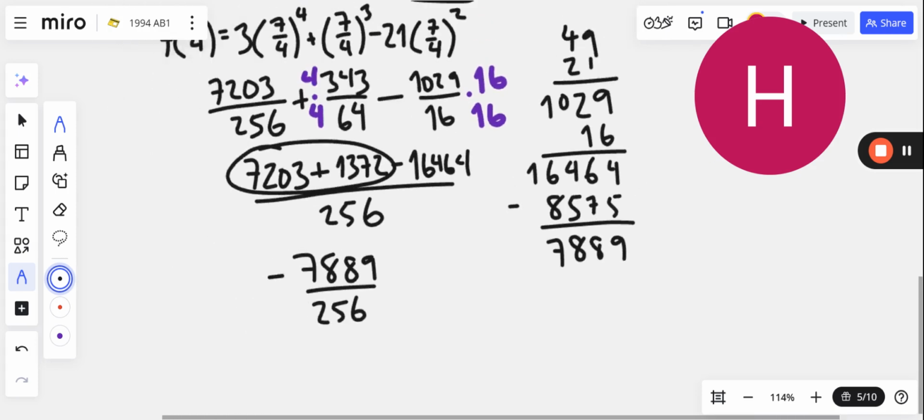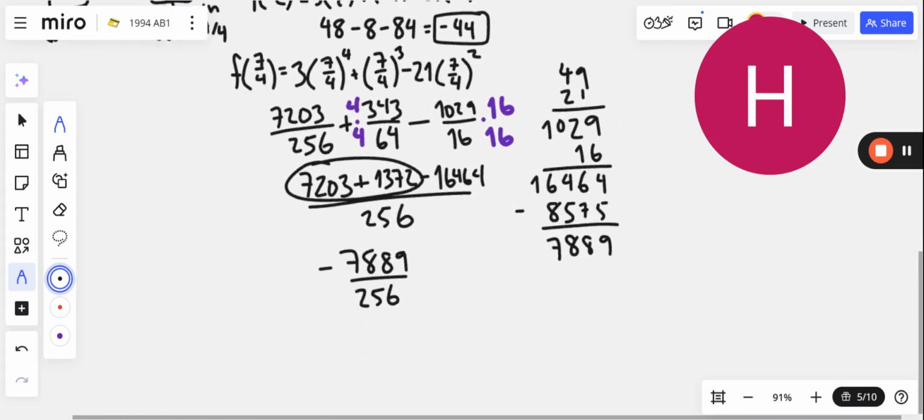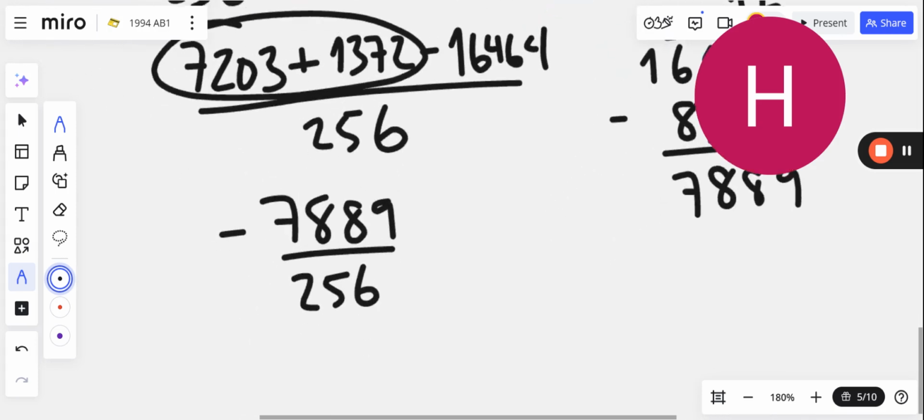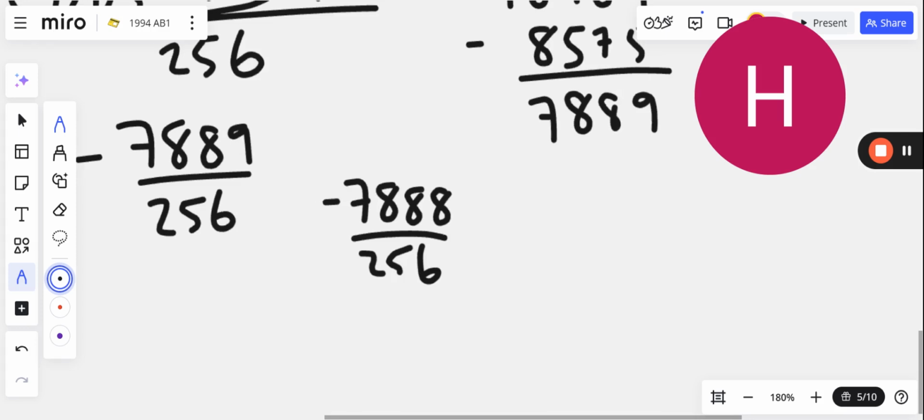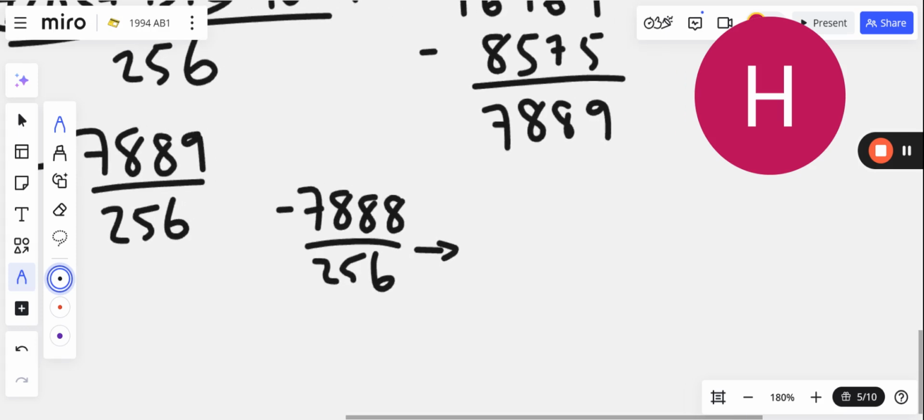And now let's see if this is more than 44. So I'm going to do something kind of silly here. I'm going to call this negative 7888 over 256. It's technically a little different, but the reason why I want to do that is because I can divide these by 2 really quickly. So this is going to be negative 3944 over 128.